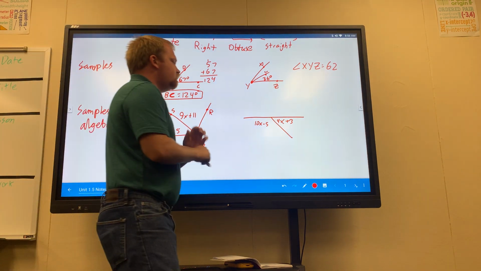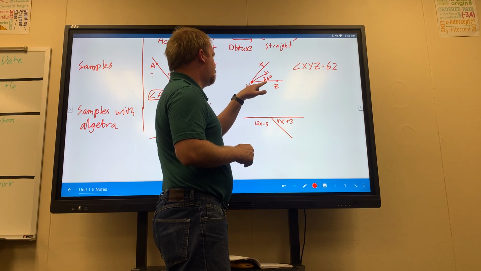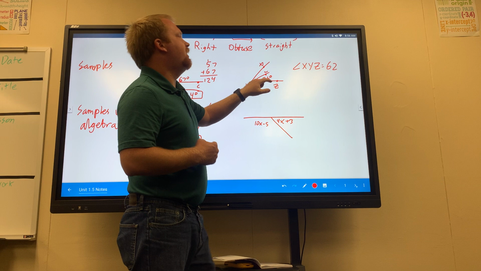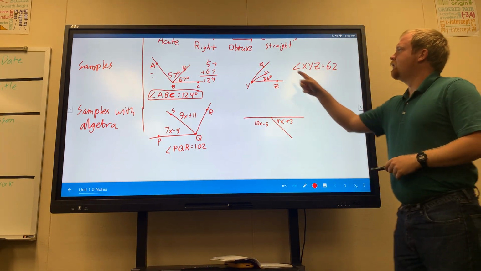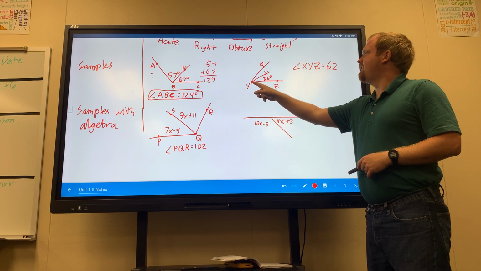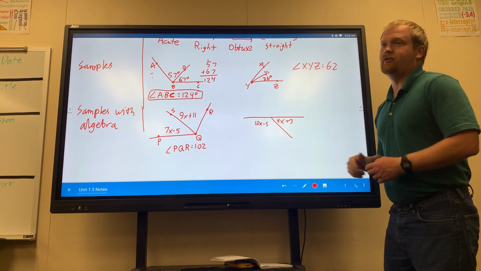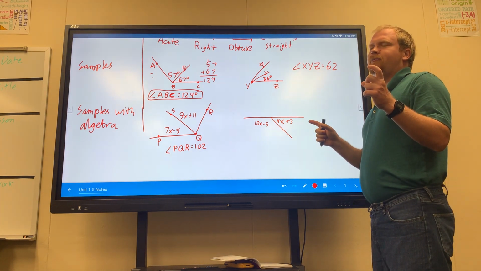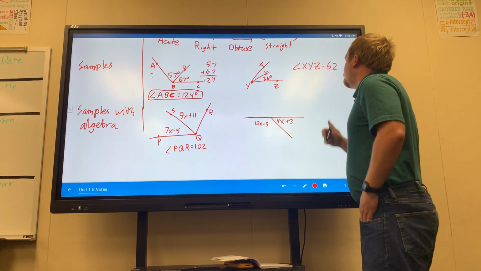Now, if I look at this angle right here, I only have one part of the angle. But notice that I'm given the full angle. So angle XYZ, this whole thing, is 62 degrees. If I get the whole thing and one part, I can subtract to get the other part.